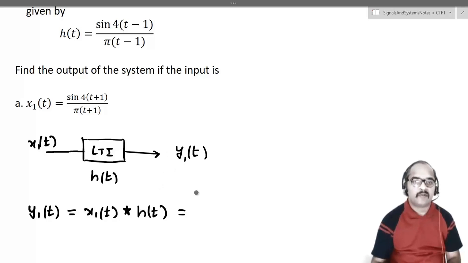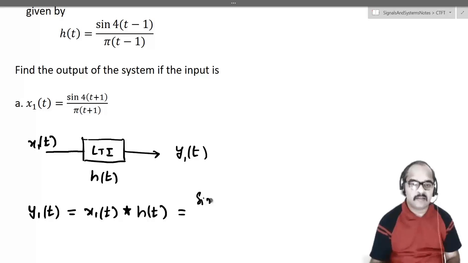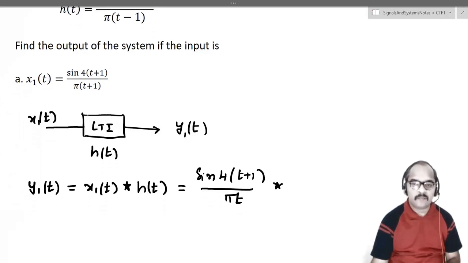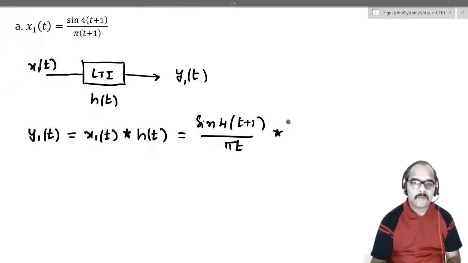Okay, but what is x1 of t? X1 of t is nothing but sin 4(t plus 1) divided by pi (t plus 1), convolved with h of t, which is sin 4(t minus 1) divided by pi (t minus 1).